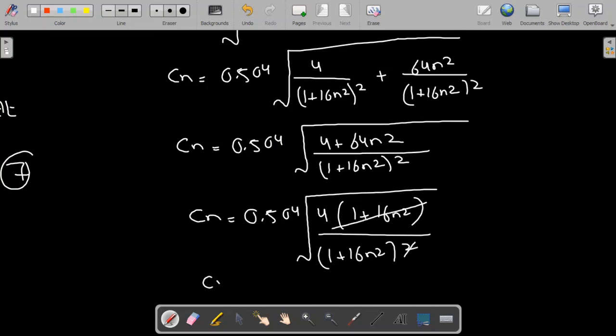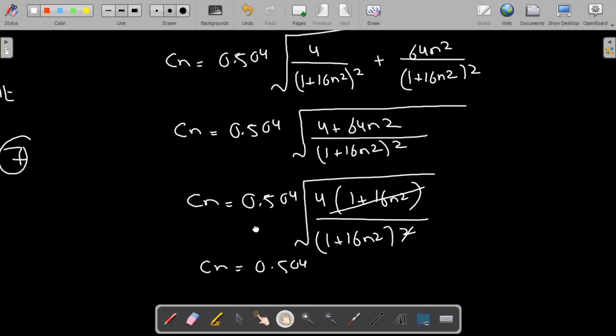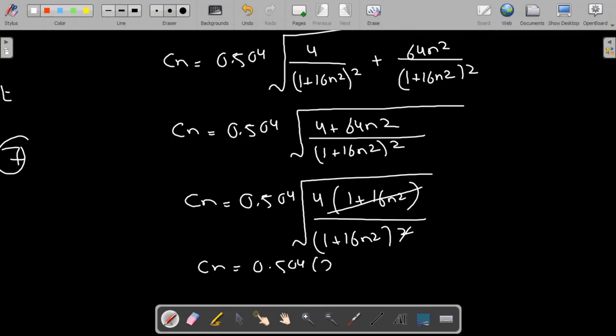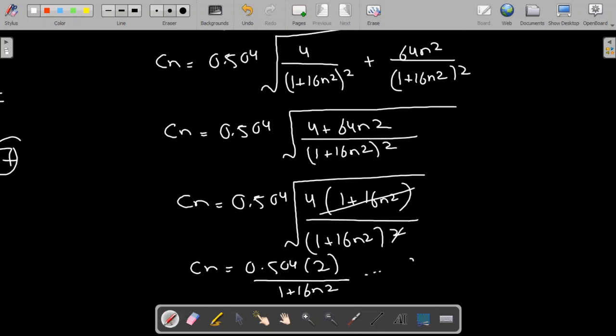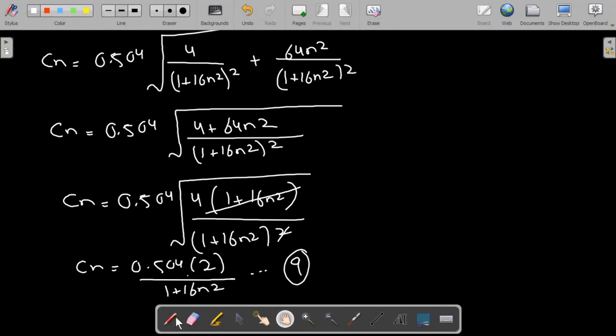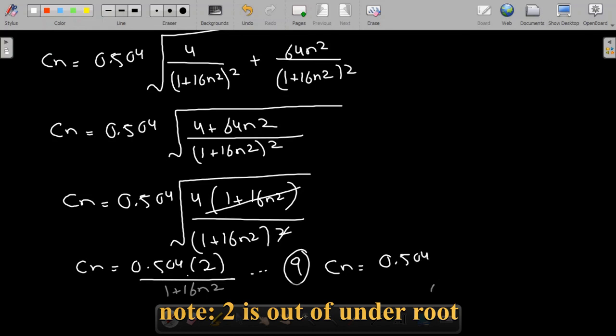We are going to have cn is equal to 0.504 into 2 divided by 1 plus 16n square. Also this 2 and 1 plus 16n square are going to be under root. So this will actually be cn is equal to 0.504 under root 2 divided by 1 plus 16n square. Let me name this as equation 9.